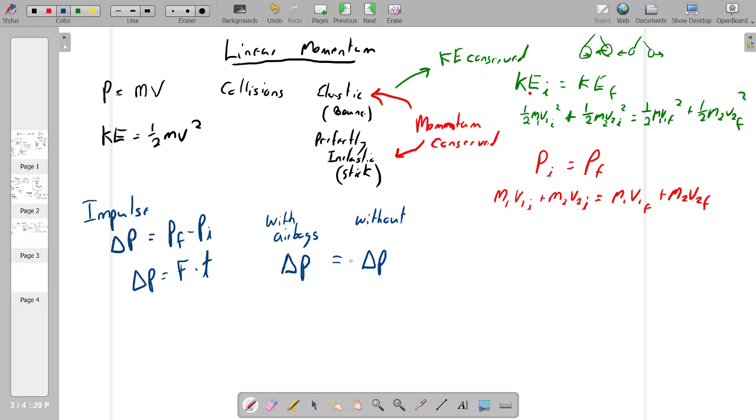If you're driving at 60 miles per hour and you hit a tree and come to a stop, in both cases you're traveling at 60 miles per hour and you came to a stop. So your change of momentum is the same. But what's different is the force. With an airbag, it's increasing your time to stop, so your force is tiny. Without an airbag, your force is big and your time is small.